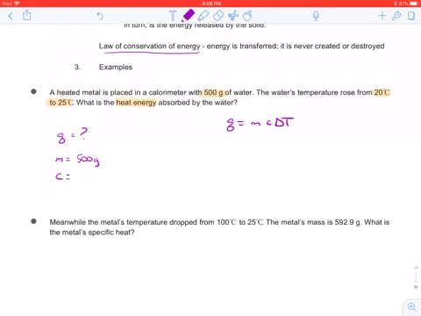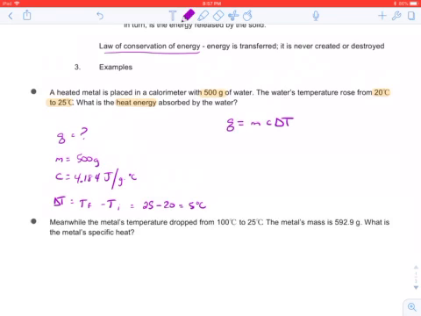C is our specific heat, and since we're talking about water, the specific heat of water is 4.18, sometimes 4.184 depending on what you're looking at, joules per gram degrees C. Delta T is our change in temperature, so we take final temperature minus initial temperature. Let's write that in there: T final minus T initial. We take our final temperature, 25 minus 20, so we get 5 degrees C.